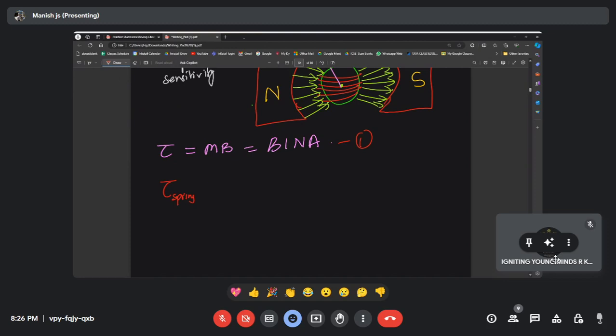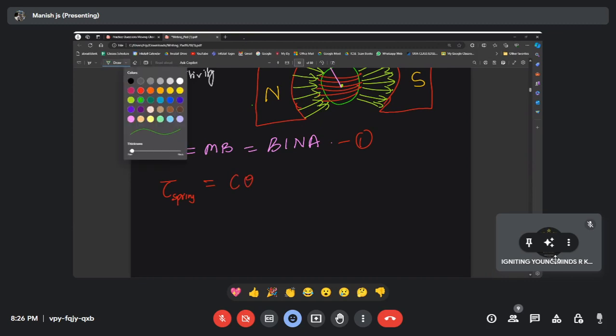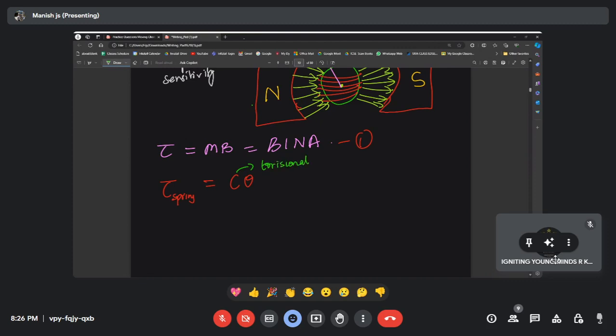I am going to write that as tau spring. It is given by the formula C into theta, where C is called the torsional constant of the spring, the torsional spring constant.